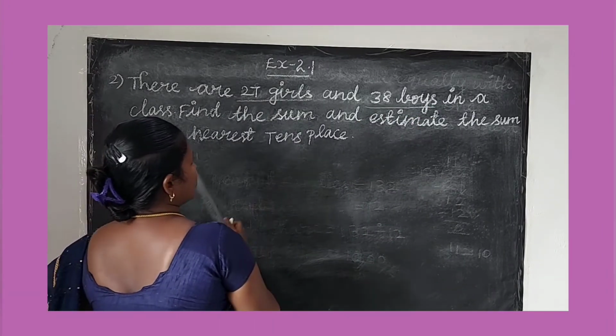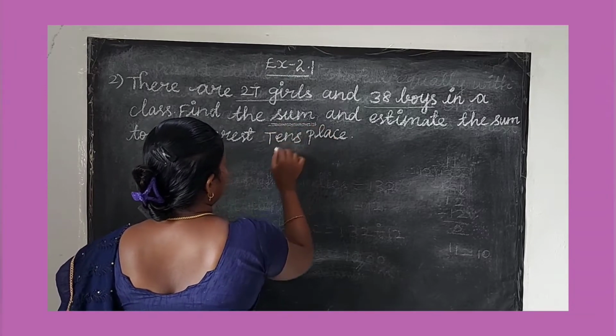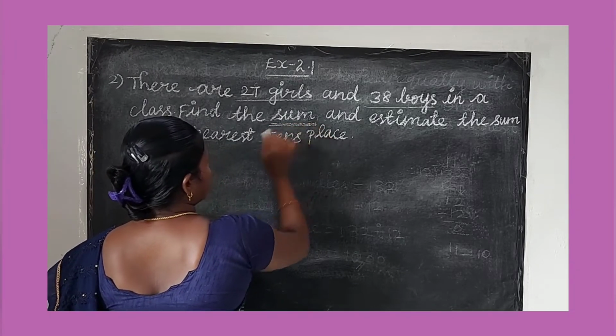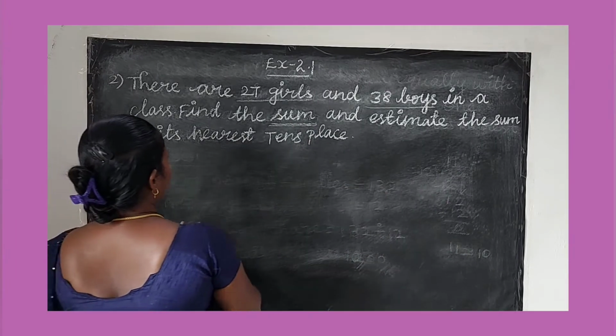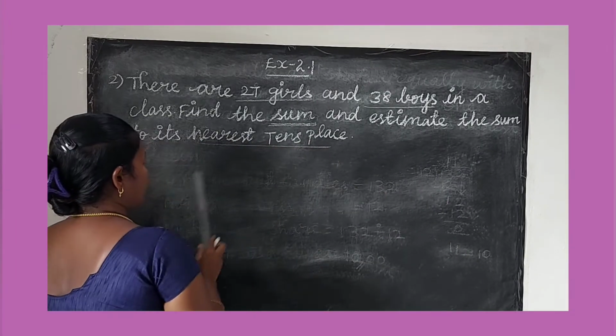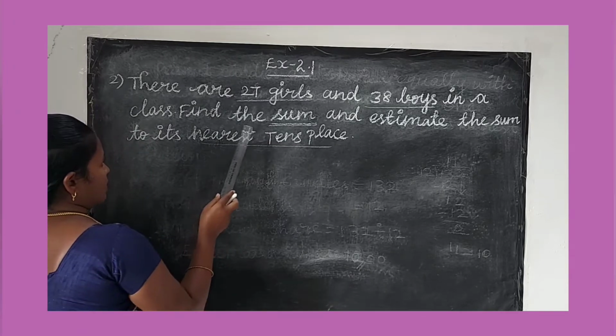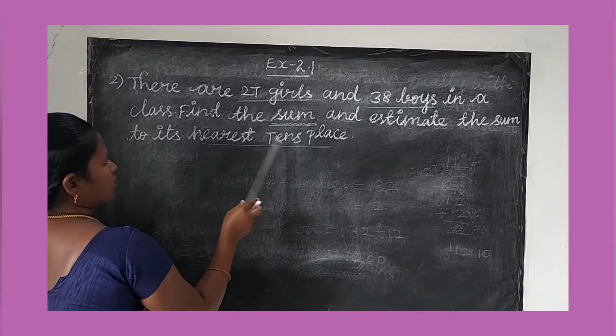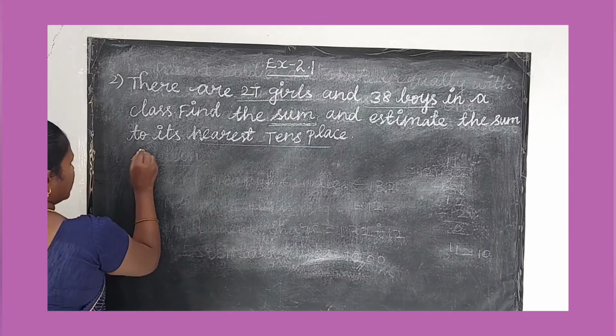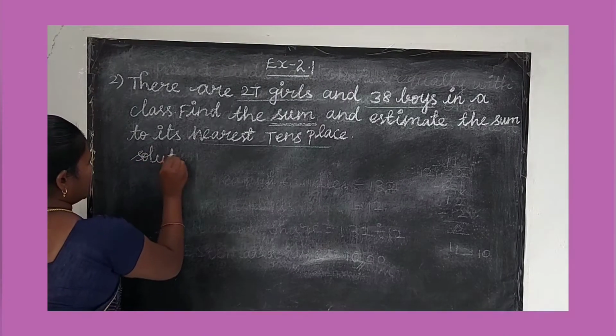Find the sum. Sum means addition, and we estimate the sum to its nearest tens place value. So we have to find the value for addition, and then the nearest tens place value. So first we write the solution.